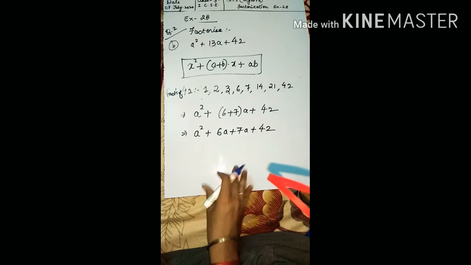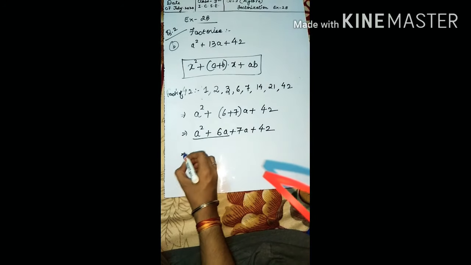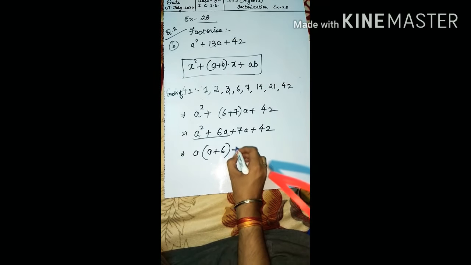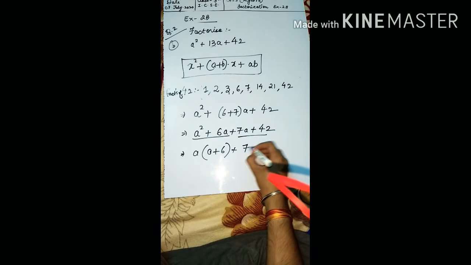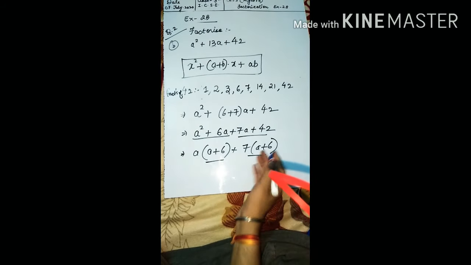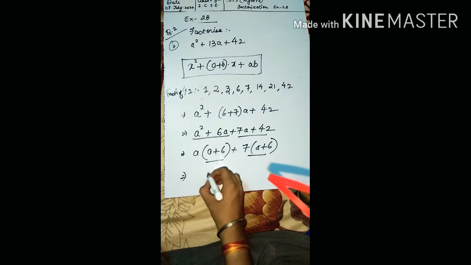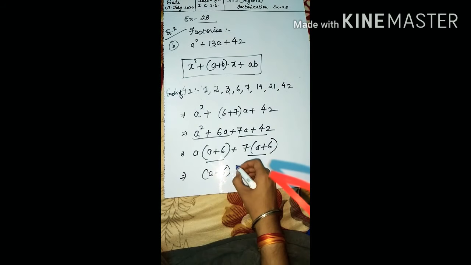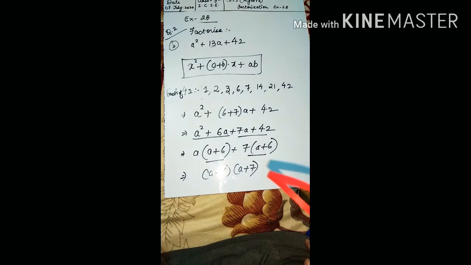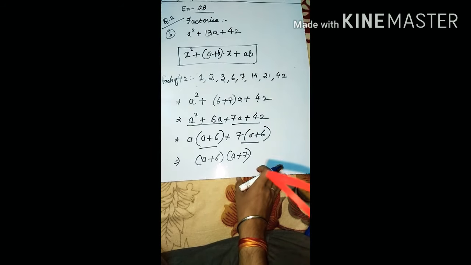Getting? Now from these two you take a common, you will get a plus 6. From these two take 7 common, you will get a plus 6 again. Now a plus 6 you take common, so a plus 6 times a plus 7. That's it. This is the answer.